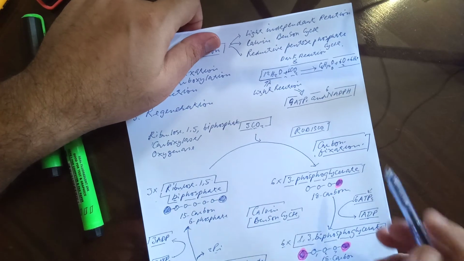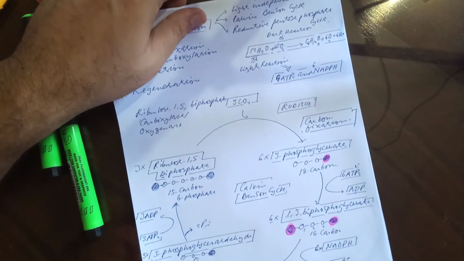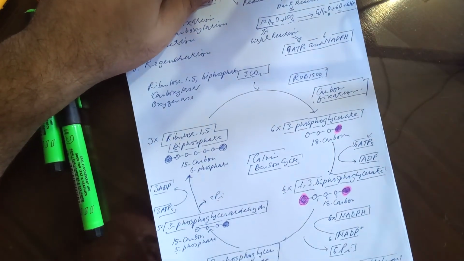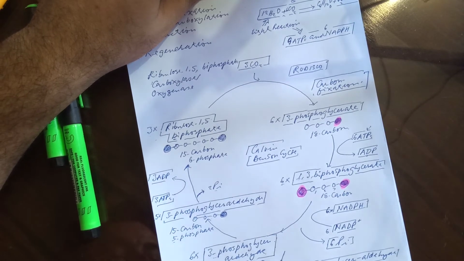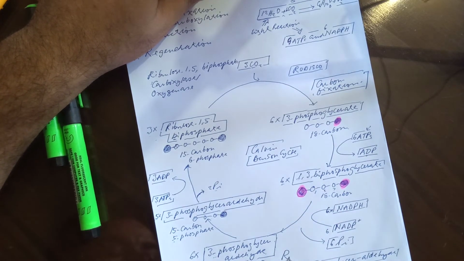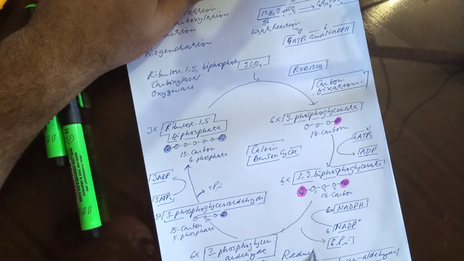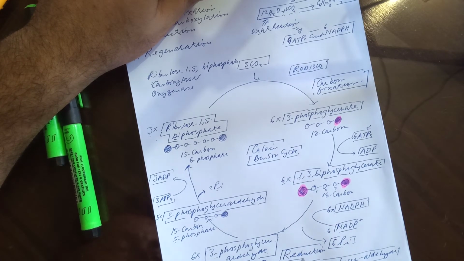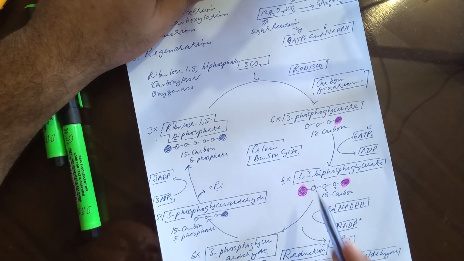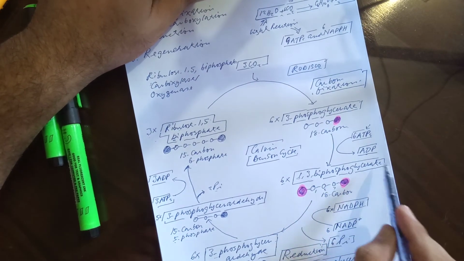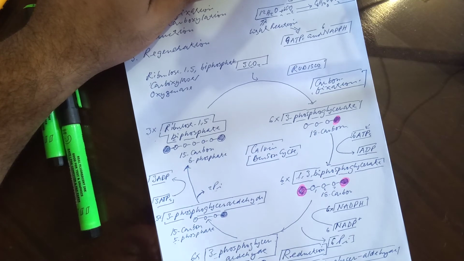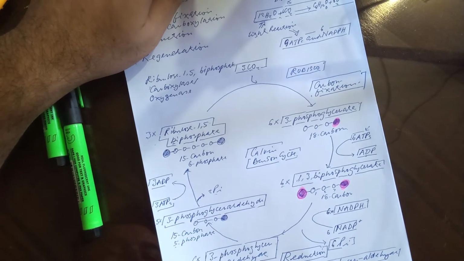Carbon fixation. This reaction. We'll just try to find space for writing the reduction phase. Here, reduction. Now this phase here is called reduction. Which phase? The phase where 1,3-biphosphoglyceric acid changed into 3-phosphoglyceraldehyde. Okay.